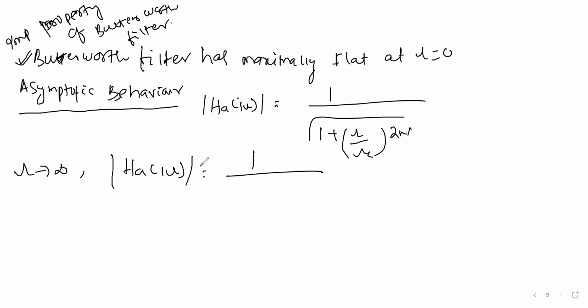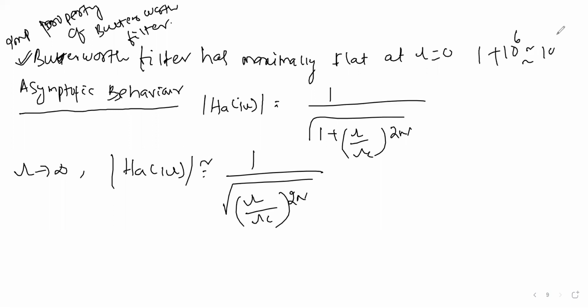So we can write |H(jω)| is approximately equal to 1 by square root of (ω by ωc) to the power 2n. For example, 1 plus 10 to the power 6 is nearly equal to 10 to the power 6 only, same meaning.